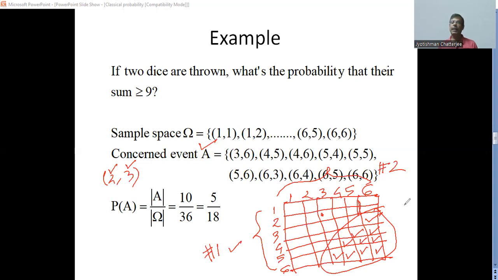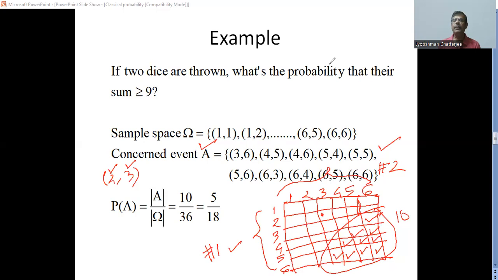So altogether there are 10 such elements that we have already seen without drawing this diagram. And this way, perhaps you will agree that if we draw the diagram this way, it gets a lot clearer. For other, more complicated problems, definitely it will be very helpful. So keep this thing in mind.